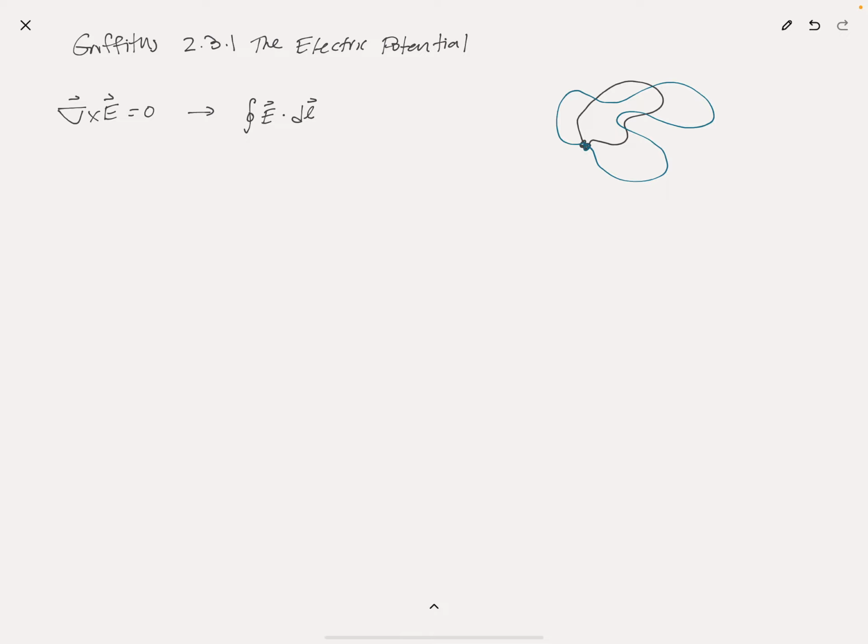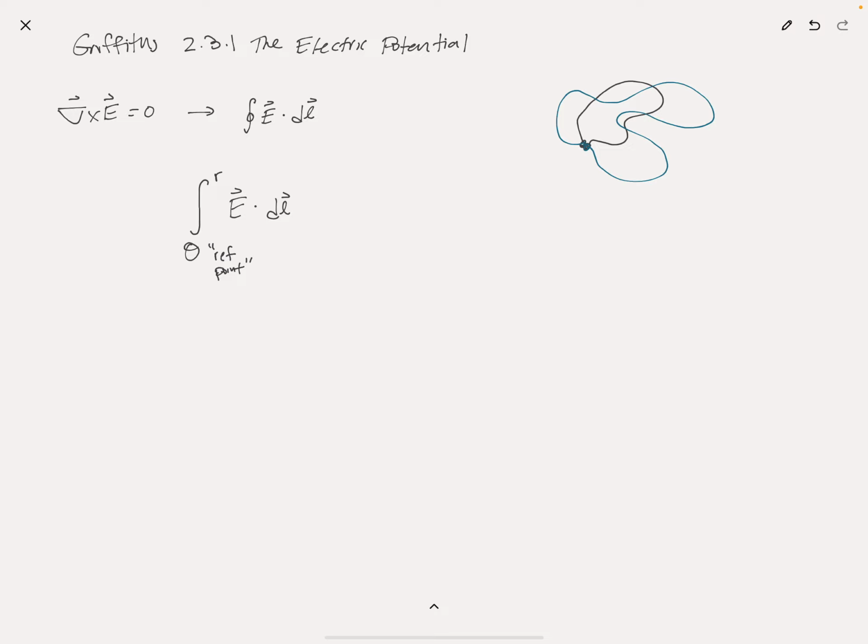So I can write, not a closed integral anymore, but some path integral that goes from some reference point to a position that I care about. I can take that path integral through my electric field. This will not be 0 necessarily.